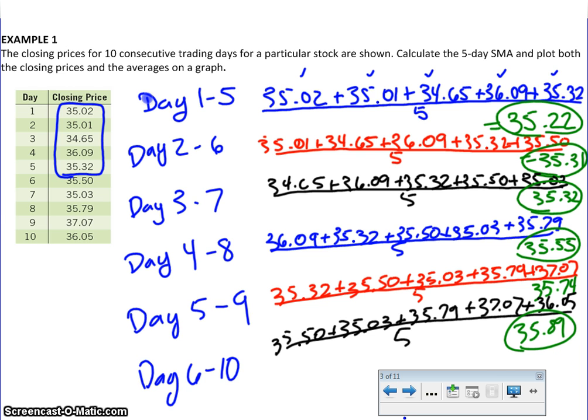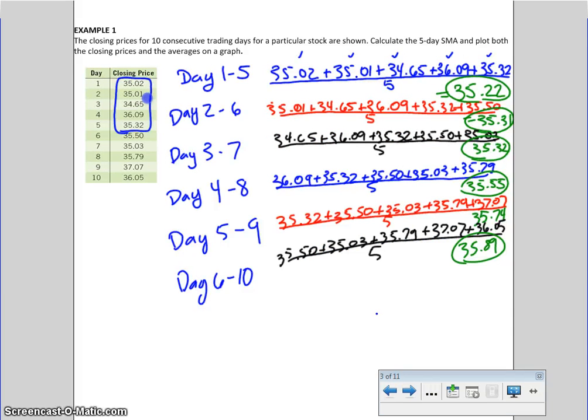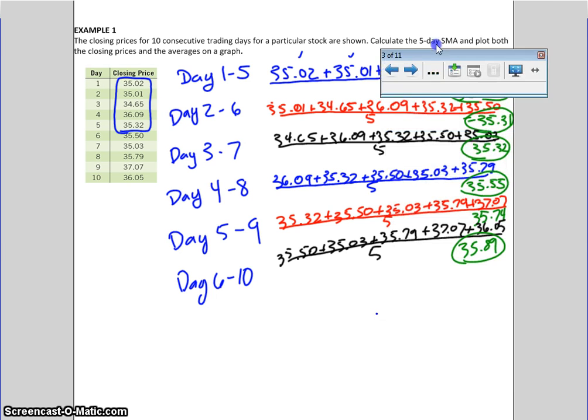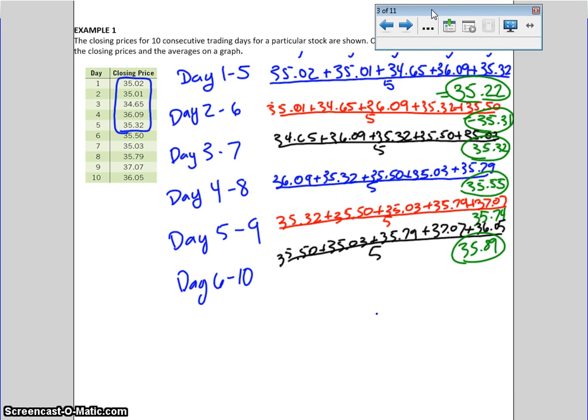So now let's go ahead and take a look. We are going to do just a basic graph. I'm just not going to get very detailed, because we do want to talk about our smoothing techniques, which is one of our objectives for today. So if I were to graph these over the days, it looks like I have a range of about 35.22 all the way up to 35.89.